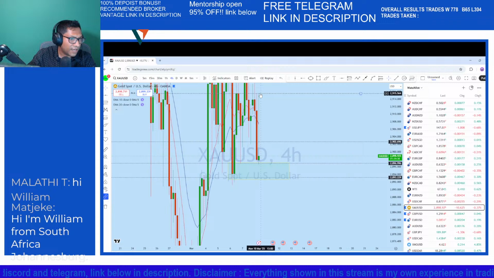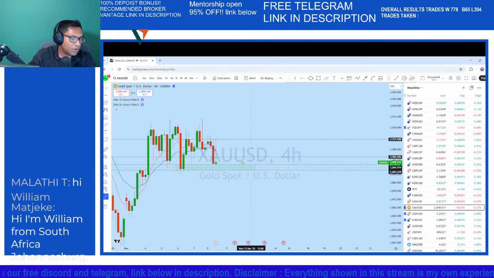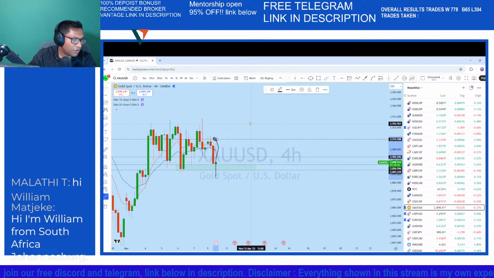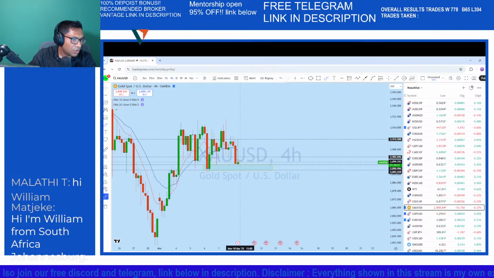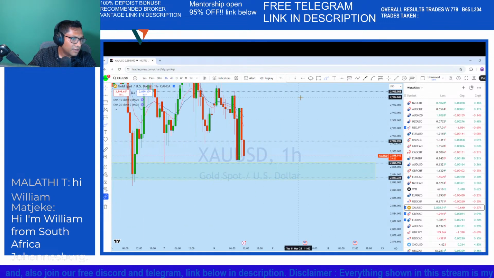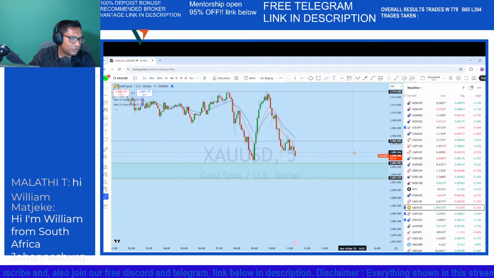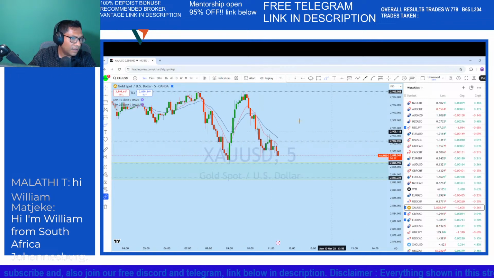This is the 4 hour candle, and so far there has been a significant drop from that resistance. Because it dropped that far, we could see the market potentially breaking below that support level here, and this is where we wait for the market to give us an entry.